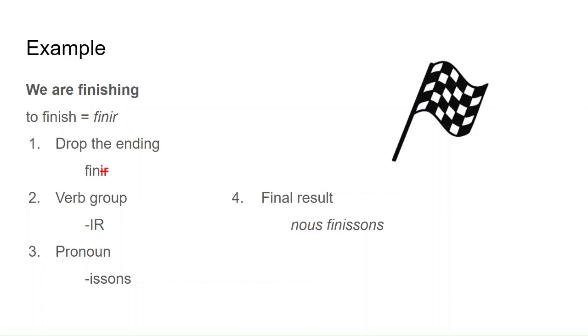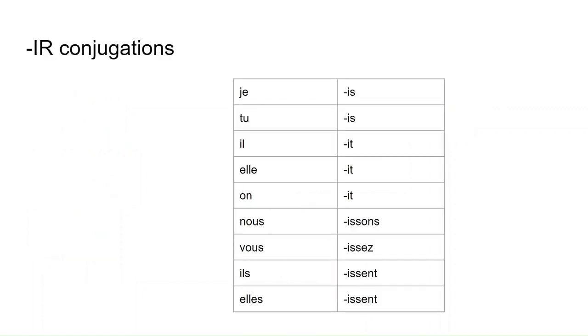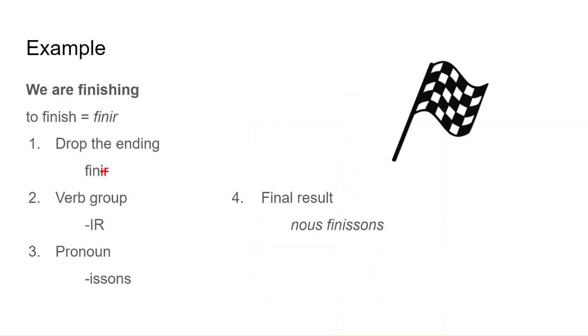So you drop the IR ending from finir, adding the ending ISSONS, which is the relevant ending for nous within the IR group, as you can see here. And as a result, you get nous finissons, meaning we are finishing.